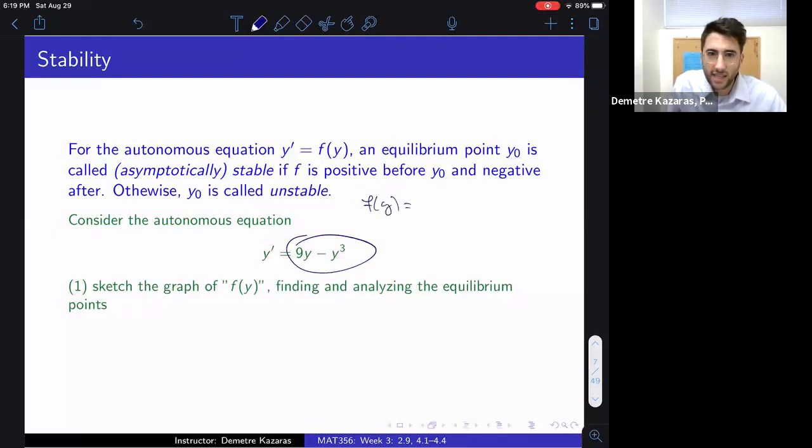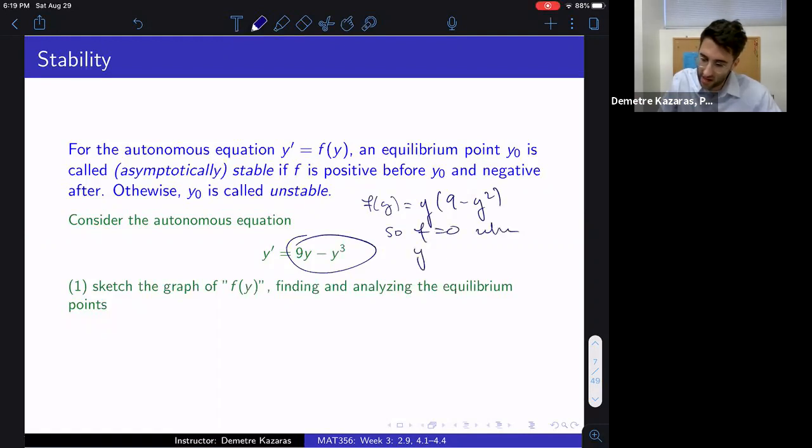We want to figure out where the zeros of this function are, so let's write it as y times something. I'll factor out a y, and then I'll be left with 9 minus y squared. So f is 0 when either y is 0 or y is plus or minus 3.